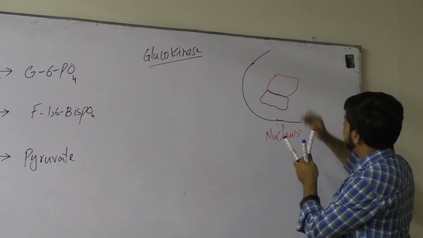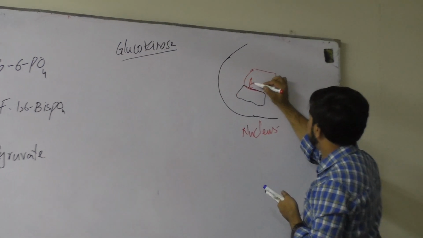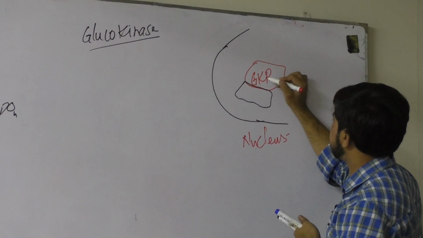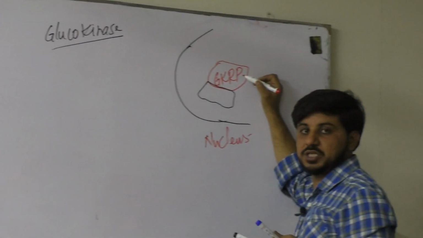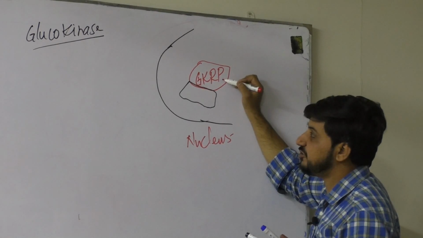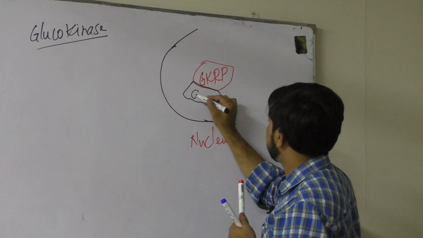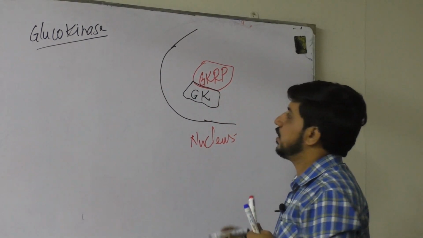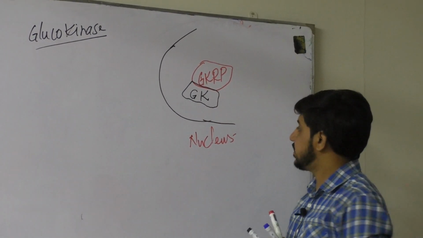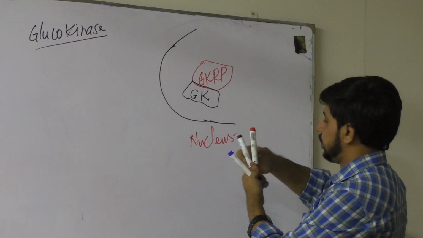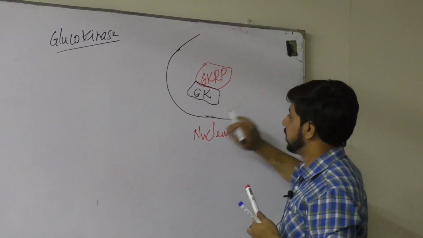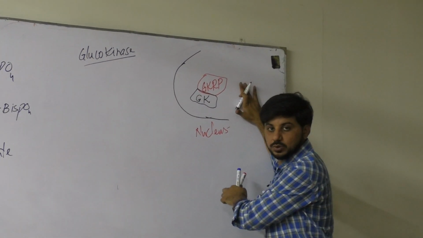This regulatory protein is named glucokinase regulatory protein. This is the regulatory protein, and this is the enzyme glucokinase. This whole portion is the nucleus, inside of the nucleus.